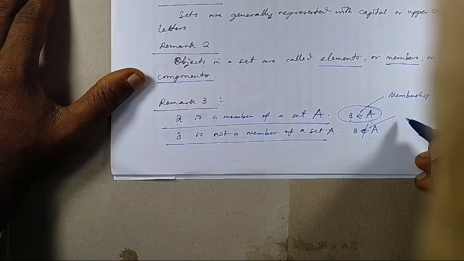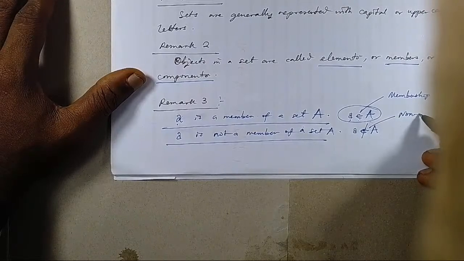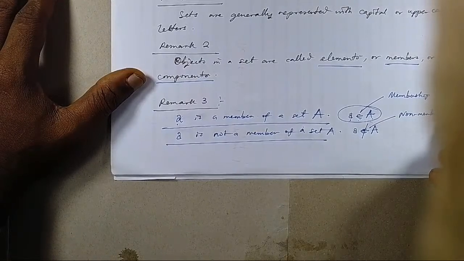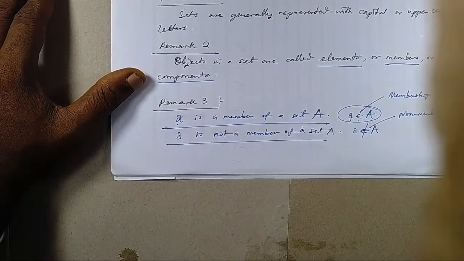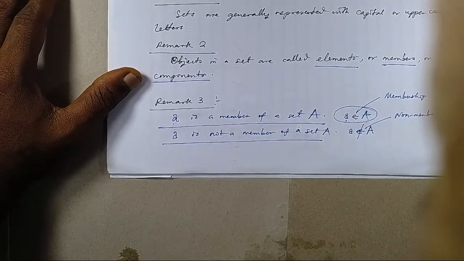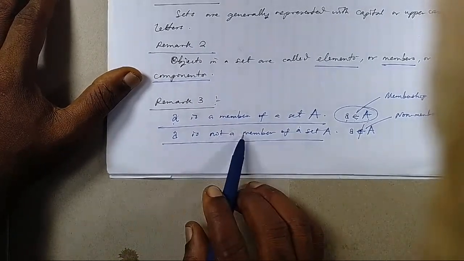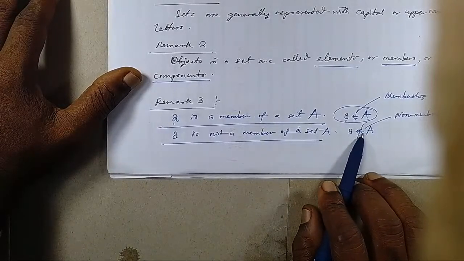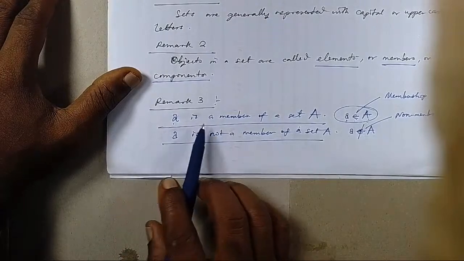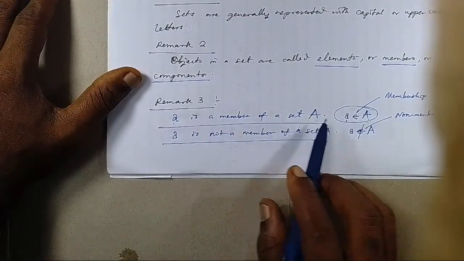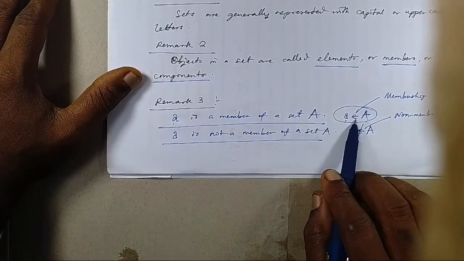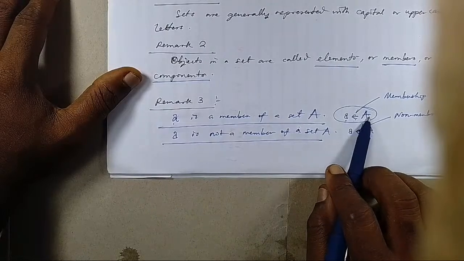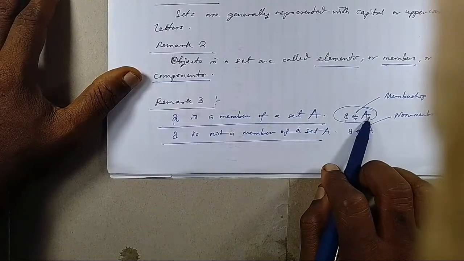It gives us a symbol we call a non-membership symbol. So a is not a member of A can be written as a, the membership symbol with a slash over it, A. And a is a member of a set A can be written as a, the membership symbol, the set A. So please take note of that.